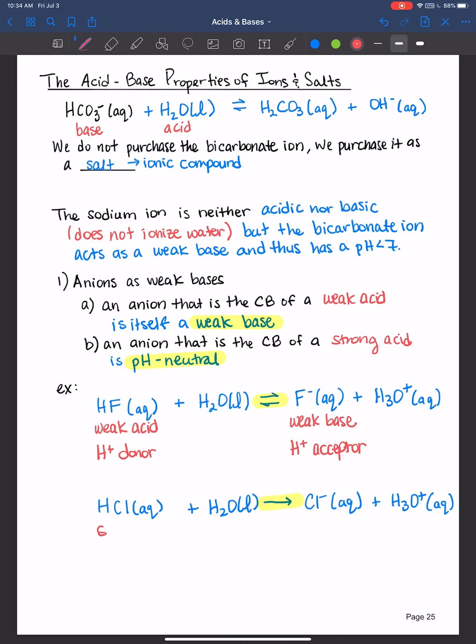Therefore, we have a strong acid, and the chloride is the conjugate base, but it has no affinity for protons, and thus is neutral.